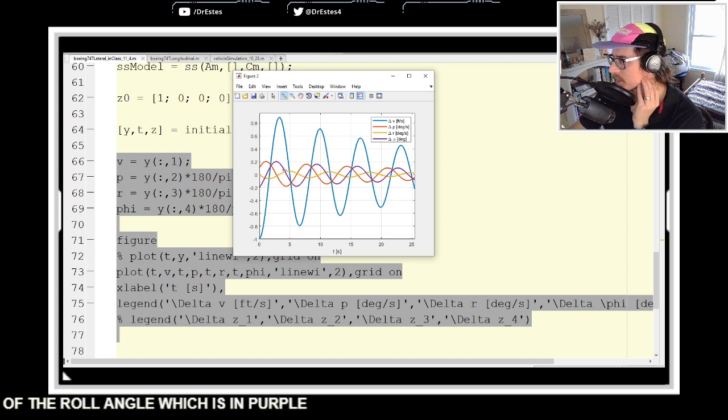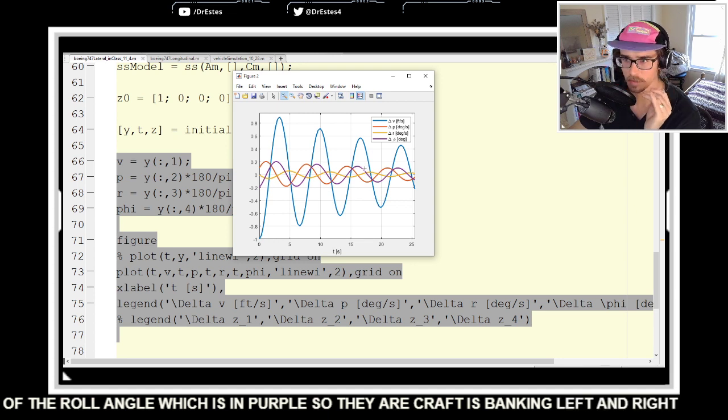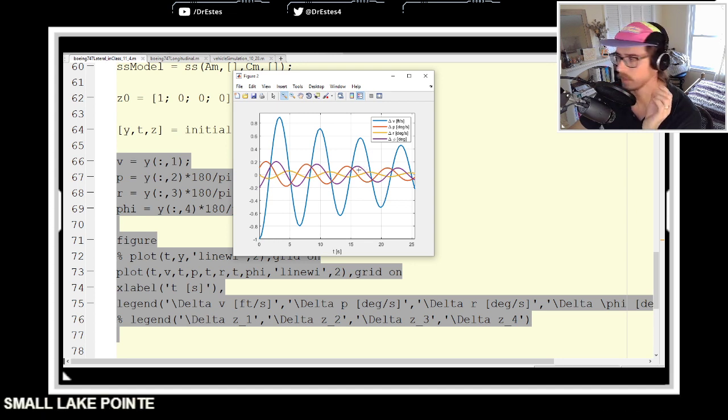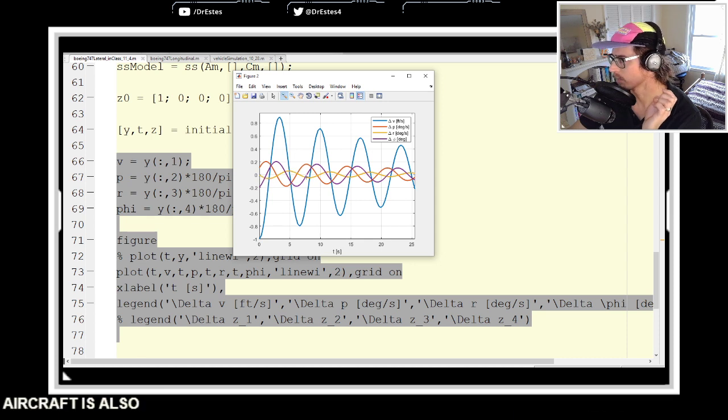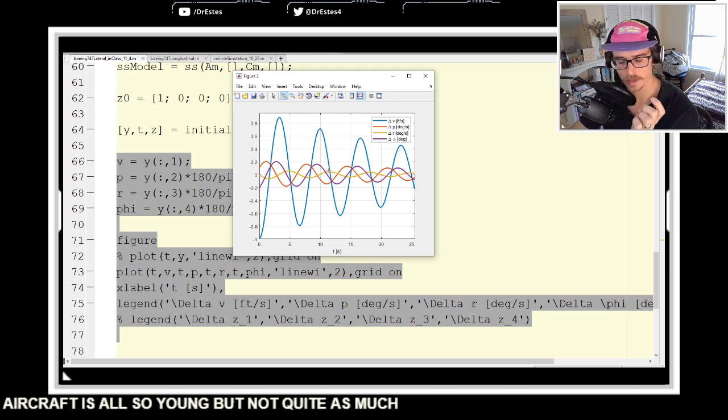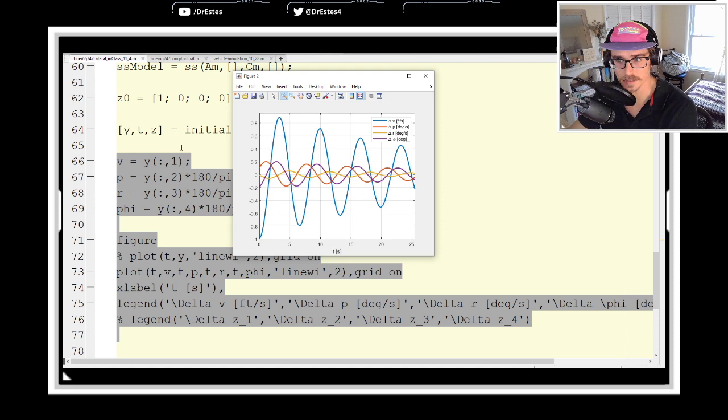So the aircraft is banking left and right, very small, like 0.2 degrees, at least for this perturbation that I created. And then the aircraft is also yawing, but not quite as much. So the Dutch roll is a combination of yaw, roll, and side-to-side motion.